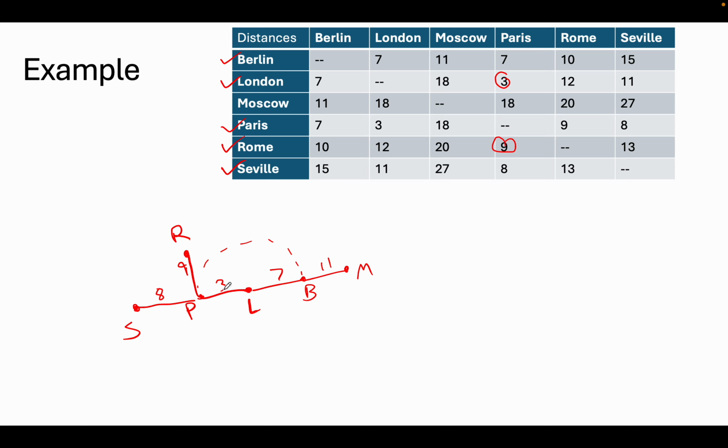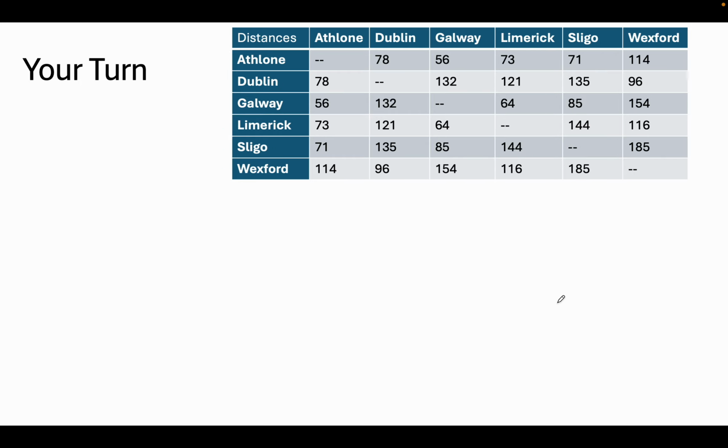So then we've got 7 and 3 is 10. 10 plus 9 is 19. Plus 8 is 27. Plus 11 is 38 for a minimum spanning tree. Okay, so that's that one.